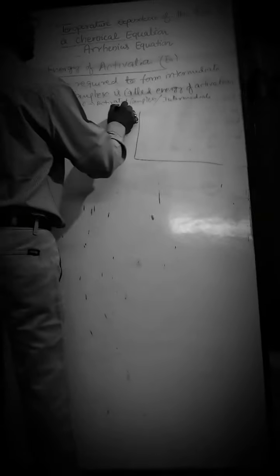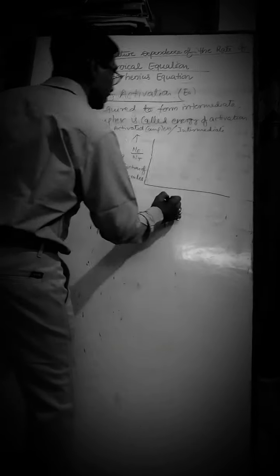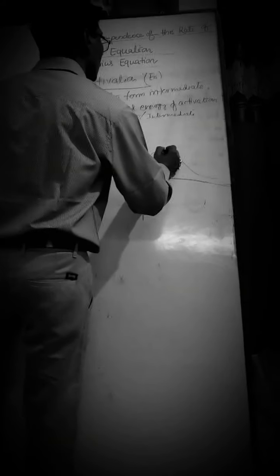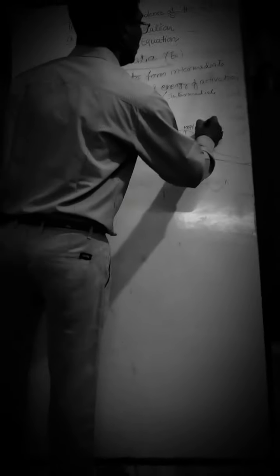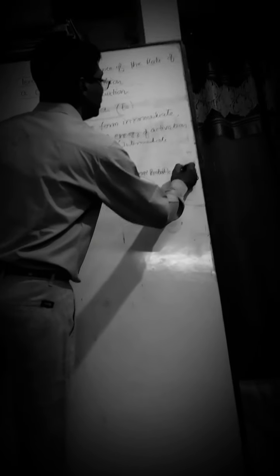Now if you plot the fraction of molecules, that is Ne by Nt, versus kinetic energy, we get a curve like this, and the peak is the maximum number of molecules, that is the most probable kinetic energy.